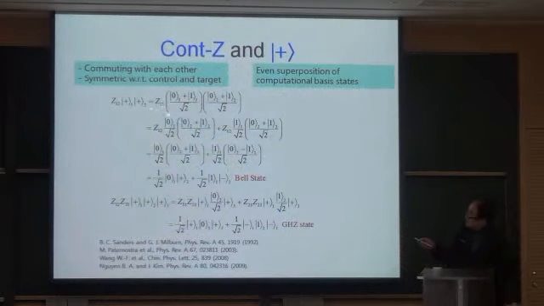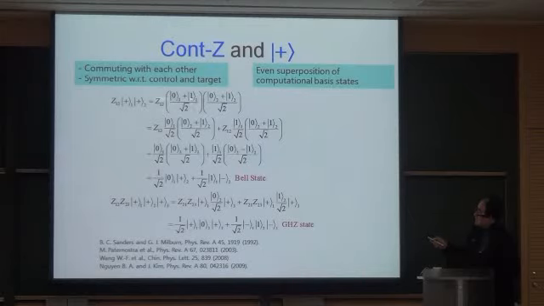Now, let me show you a little bit about this control Z and this plus state. Control Z is very useful because these commute with the other control Z's. And this is symmetric with respect to control and target. And this plus state is (0 plus 1) over square root 2. It's an even superposition of computational basis states. Even superposition means the coefficient of 0 and the coefficient of 1 are the same.